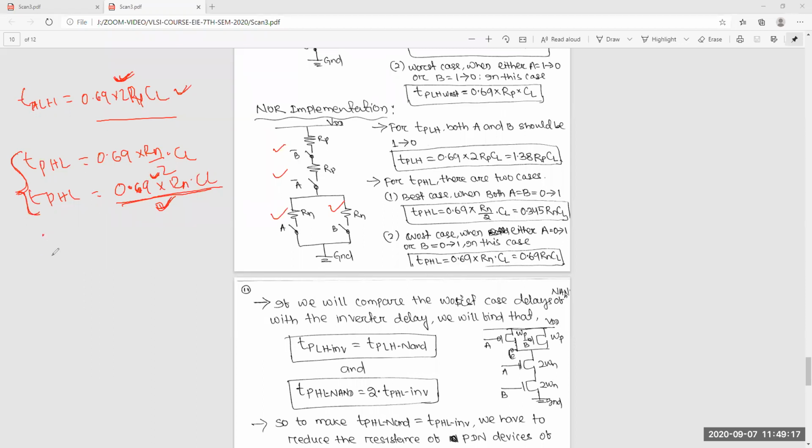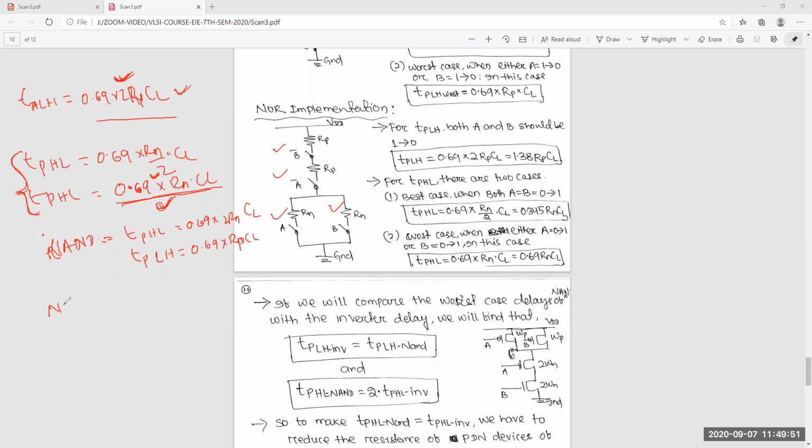So for NAND, TPHL is equal to 0.69 into 2 Rn CL, and TPLH is equal to 0.69 into Rp CL.